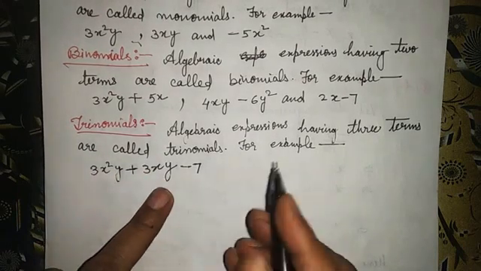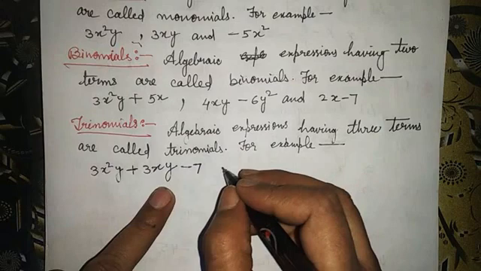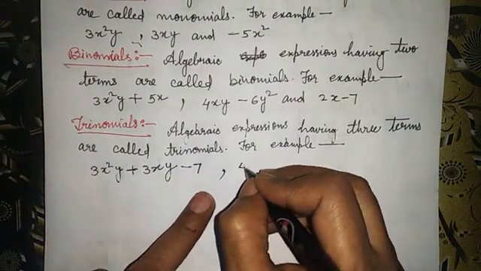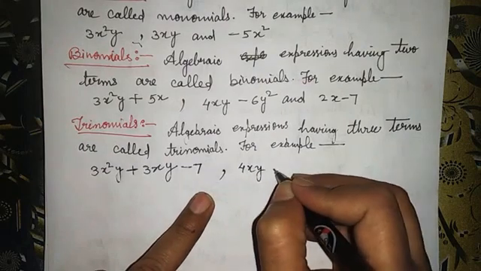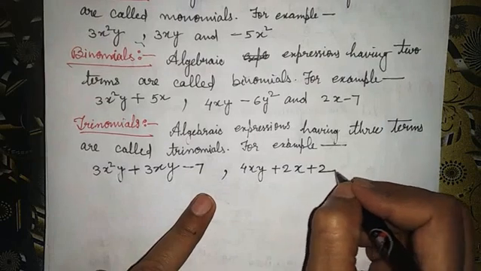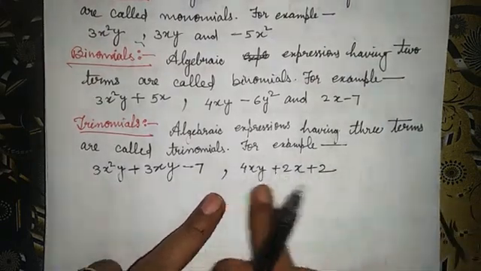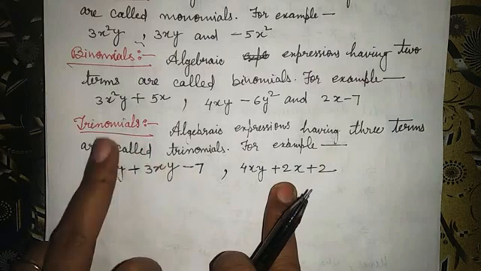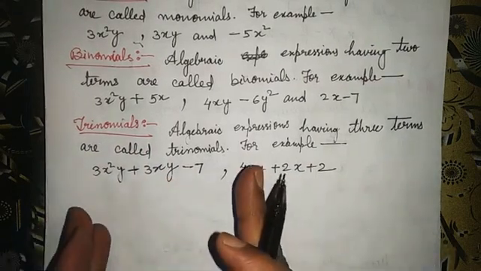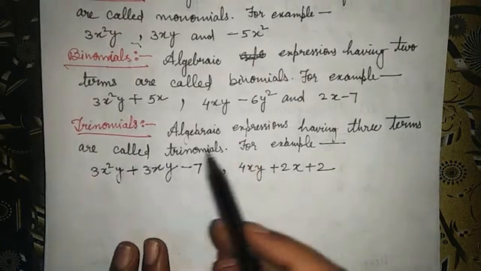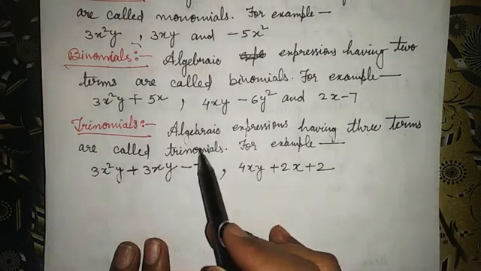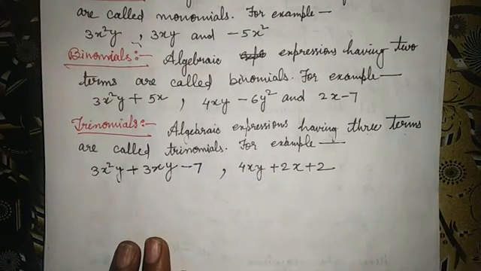And one more example for trinomial: 4xy plus 2x plus 2. This is also an example of trinomials. Now I think this definition is clear. Trinomials: algebraic expressions having three terms are called trinomials.